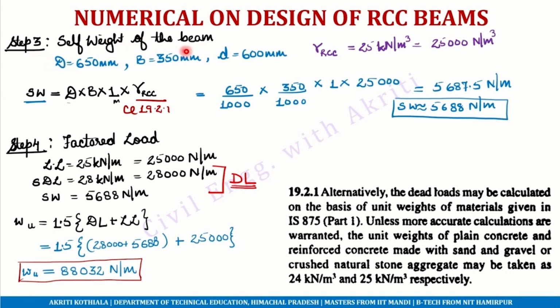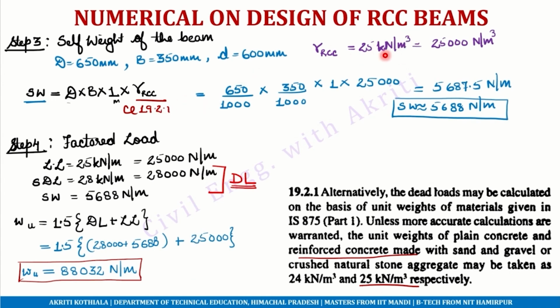Step 3, self weight. We calculate self weight using the overall depth of the beam, the width of the beam, and we assume the length to be equal to 1 meter, and gamma RCC, or simply the unit weight of concrete, which can be taken from clause 19.2.1, which says that for RCC the unit weight is equal to 25 kilonewton per meter cube.